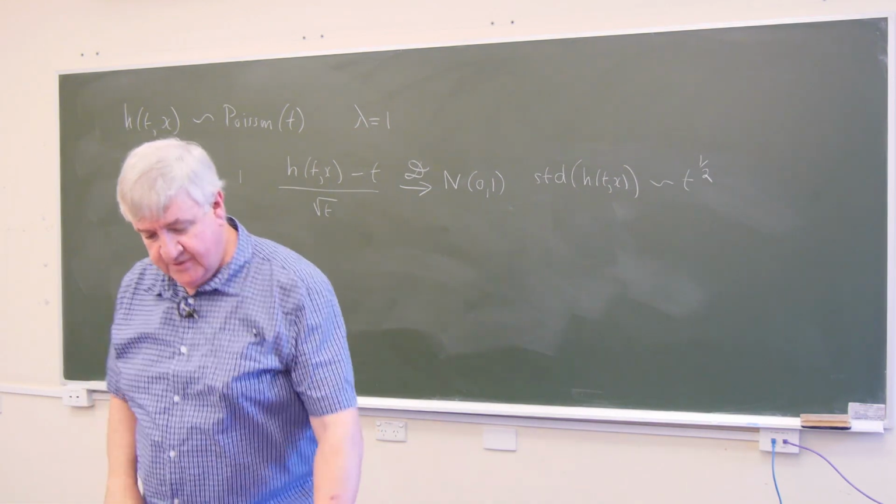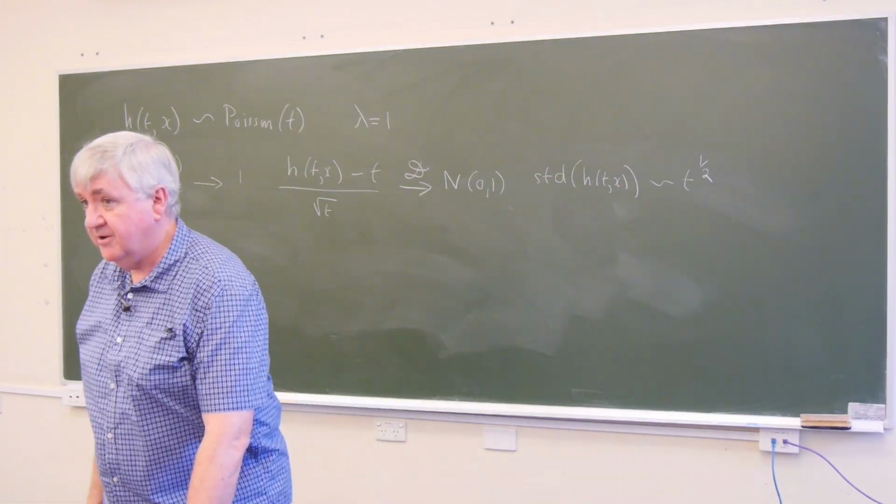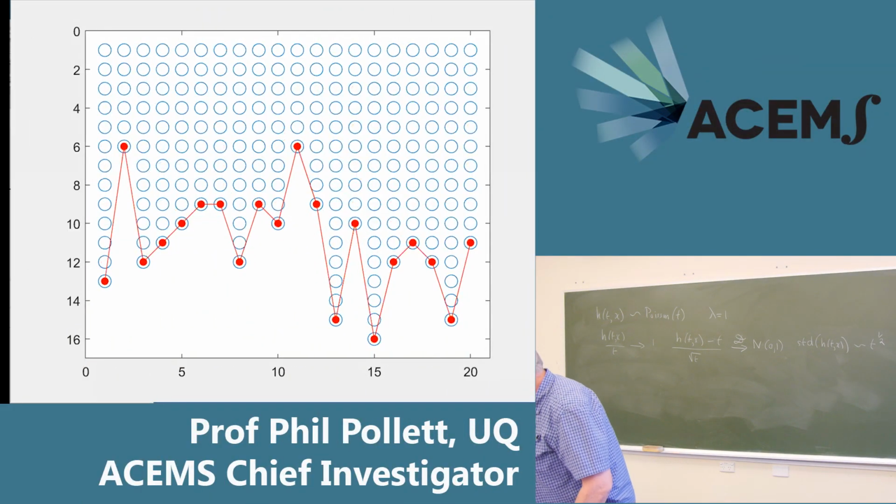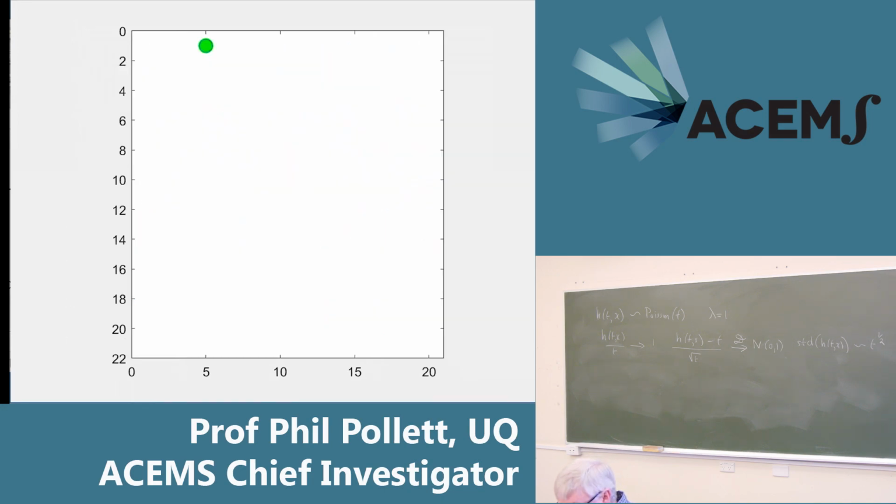All right, so let's look at a more realistic growth model. So that was the random deposition model. A more realistic growth model is ballistic deposition. And I'll describe that sitting down, with your permission. So I need to share.